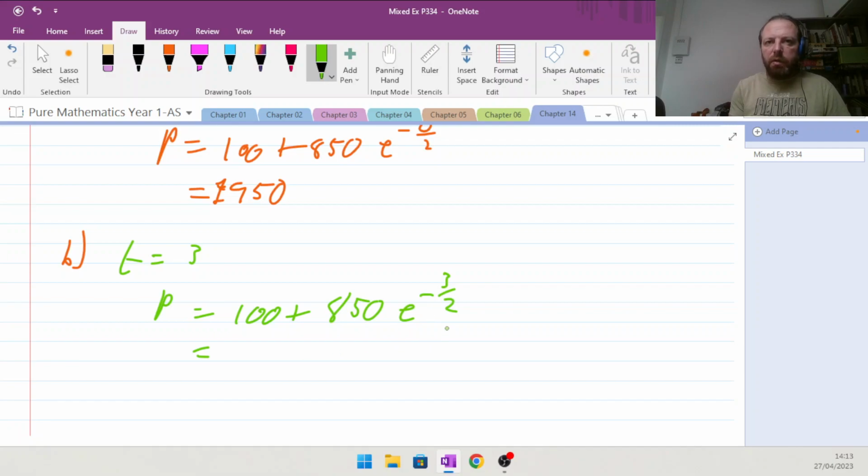So 0.223 times 850 is 189, plus 100 is 289 pounds and 66. They wanted it to the nearest pound, so 290 pounds.